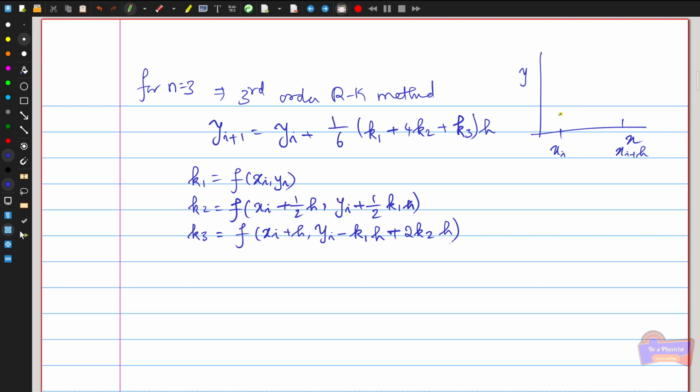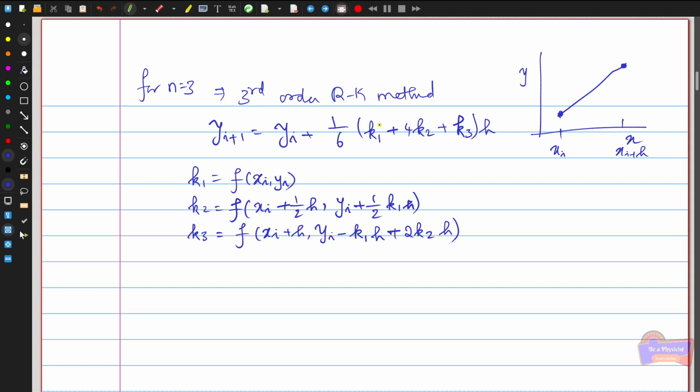In Heun's method, you use this point as a starting point, predict, and then find the slope at the new point. Then you take the average of these two slopes, and you get Heun's method.